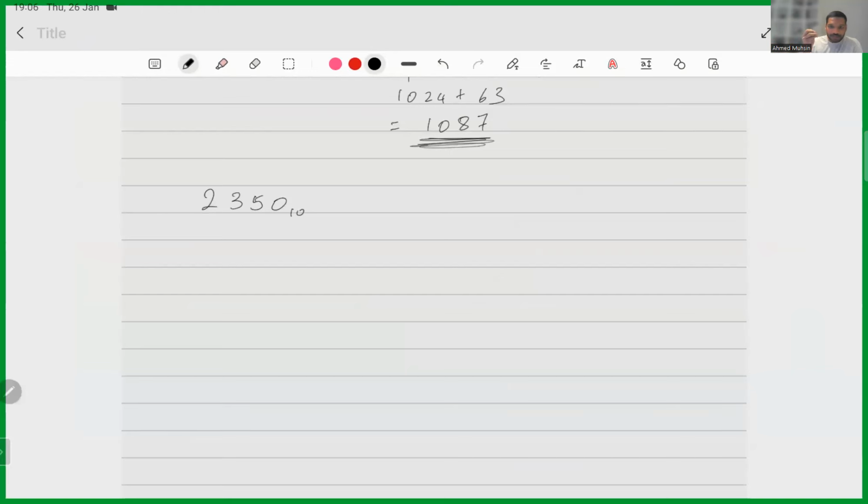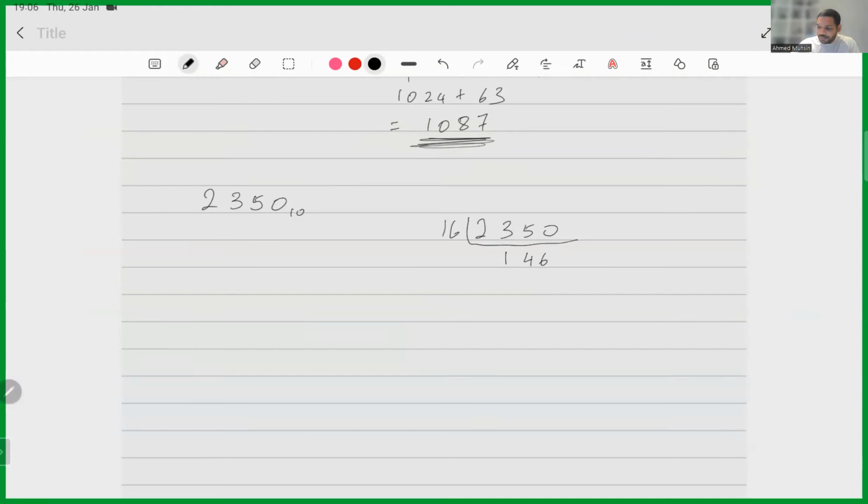So what we do is we take 2,350 and we divide it by 16. If we take 2,350 and divide by 16, we get 146.